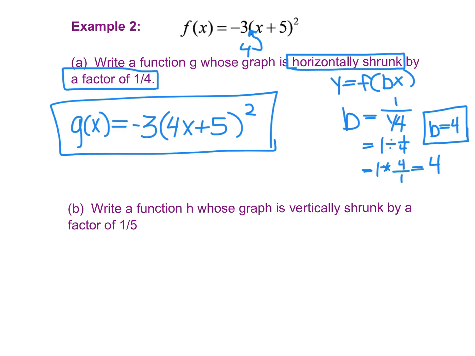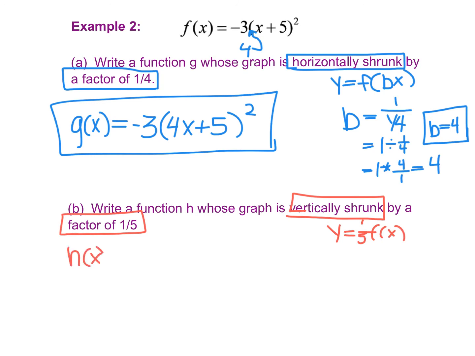Now if we look at the second example down below, this one is going to vertically shrink the graph by a factor of 1/5. So here we know that we're going to multiply the entire function on the outside by 1/5. So if we take our new function name, which is h, we're going to take the entire function of -3 times x plus 5 quantity squared.